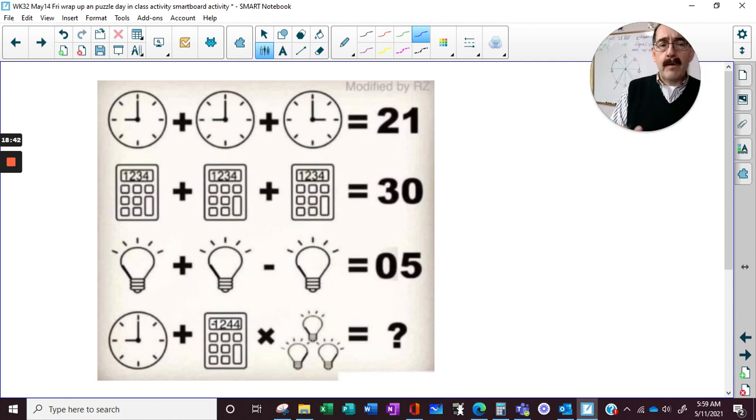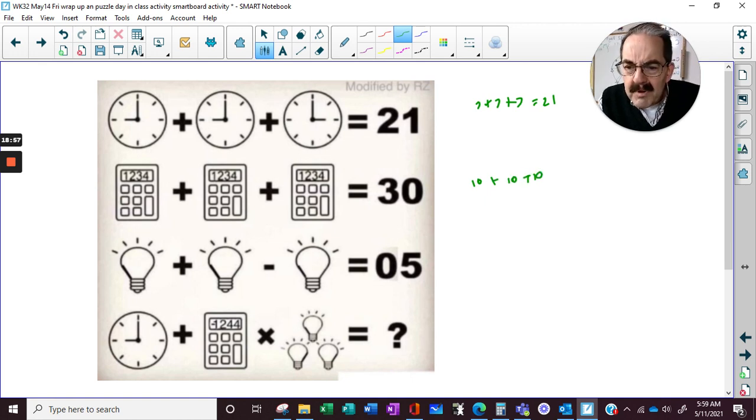Alright, welcome back. Now, first time we did it, 7 plus 7 plus 7 is 21. And then we went 10 plus 10 plus 10. And then we went light bulb, light bulb, light bulb. There's a minus. Light bulb minus a light bulb is no light bulb. So the light bulb has to be 5. 5 plus 5 minus 5 equals 30.